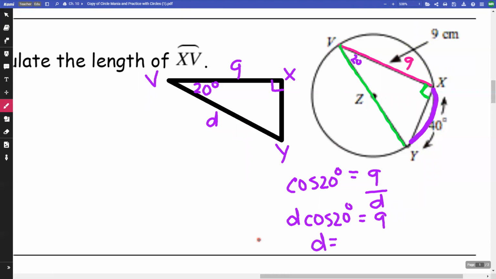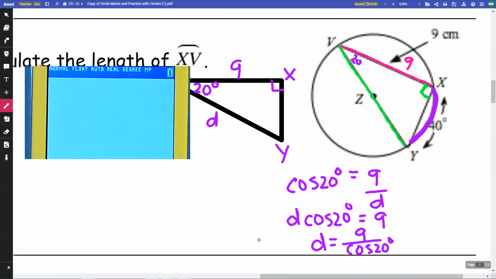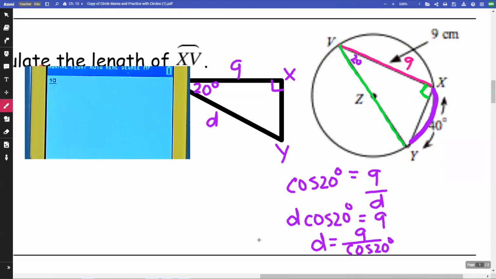So D is going to equal 9 divided by cosine of 20 degrees. I'm going to put that into my calculator, in degrees. So 9 over cosine of 20, I end up with 9.58.